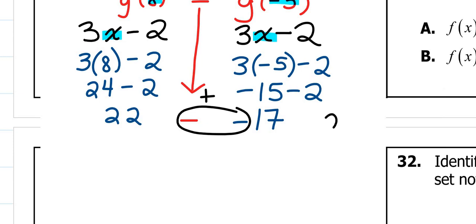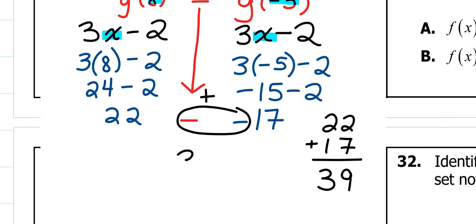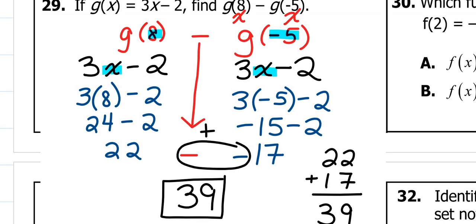Let's go ahead and work that out. 22 plus 17. 2 plus 7 is 9. 2 plus 1 is 3. So our final answer is 39. You have to be very careful when you have a negative, when you're subtracting a function. Okay? Be very careful. All right, let's move on to the next question.